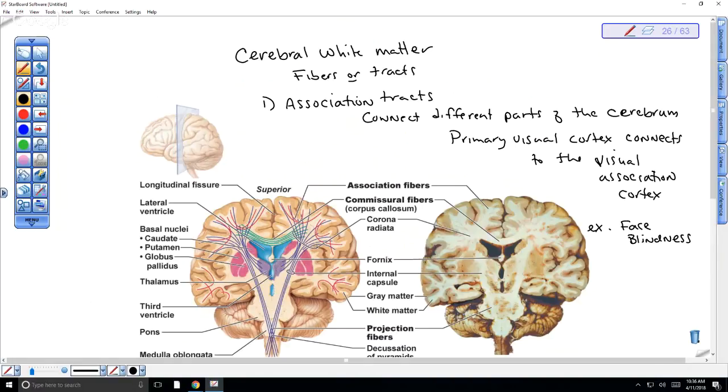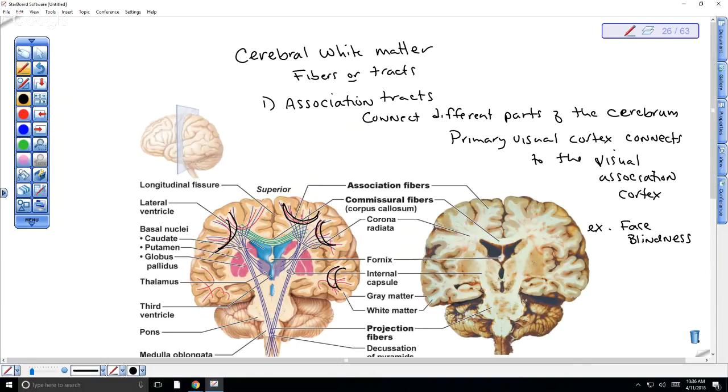So if we look at these association fibers, notice that they're just running from one area to another. They're running horizontally in the brain, not going down through the brain towards the spinal cord. Okay.